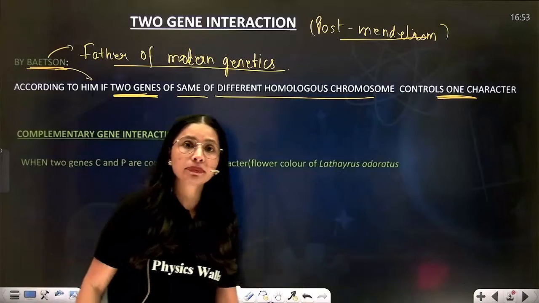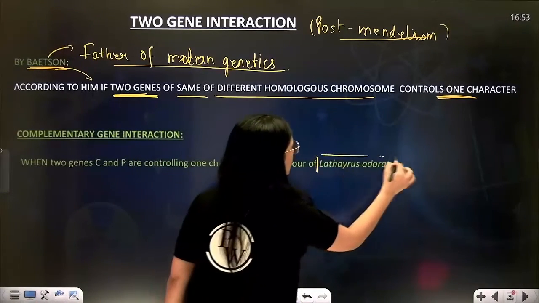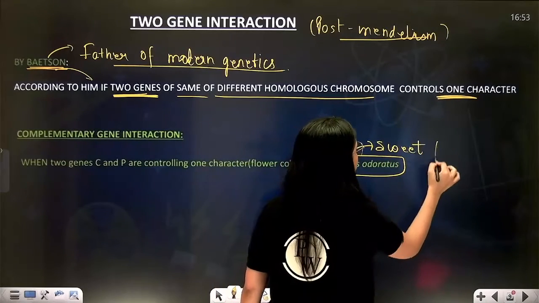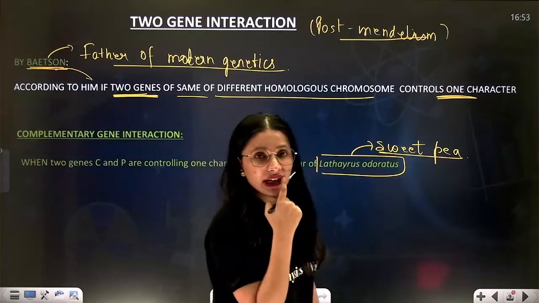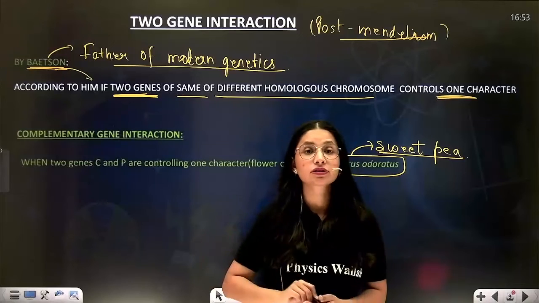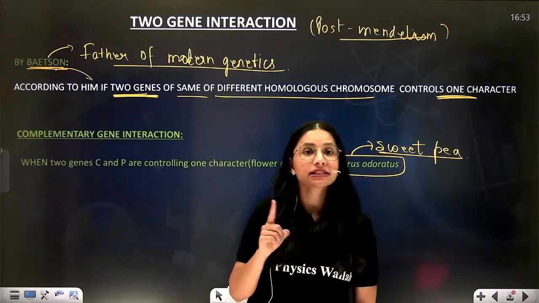Like for example in Lathyrus odoratus. Lathyrus odoratus, beta, is the scientific name of sweet pea. Mendel worked on normal pea, garden pea, Pisum sativum.